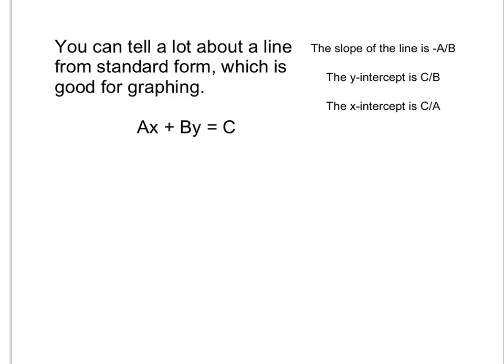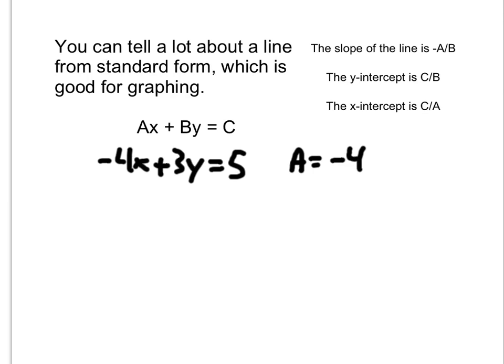Okay, so for example, let's say that this is my equation again. We've got negative 4x plus 3y equals 5. Okay, my slope is the opposite of a over b, so I know my a is the one that's attached to the x, that's negative 4. My b is the one that's attached to the y, which is 3, and my c is 5.